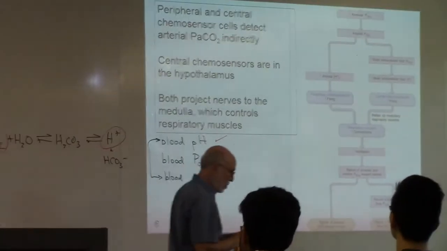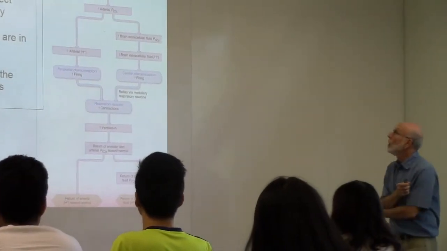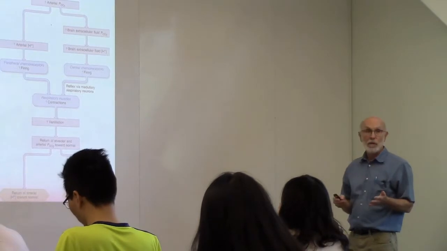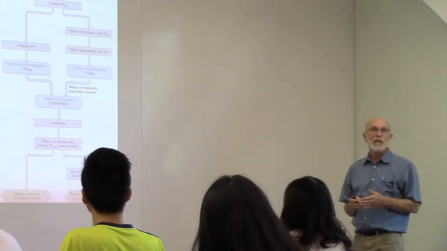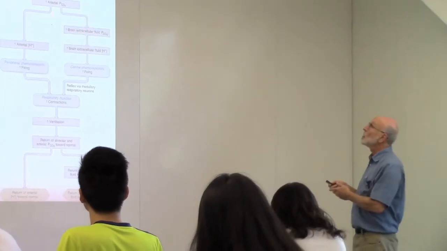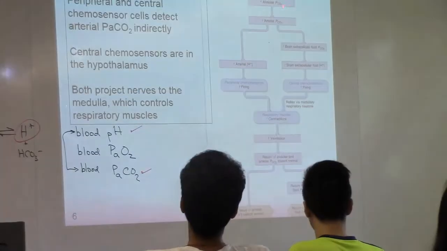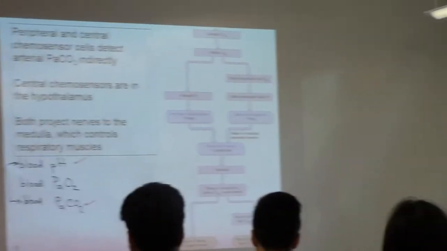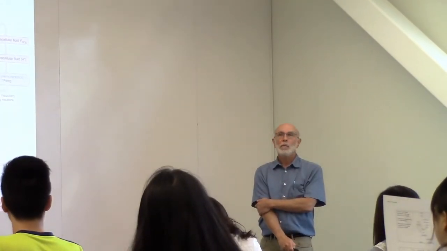So here is the mechanism for both central and peripheral detection of pH/CO2. Okay, so let's just walk through this. If alveolar PCO2 increases, what are we talking about?